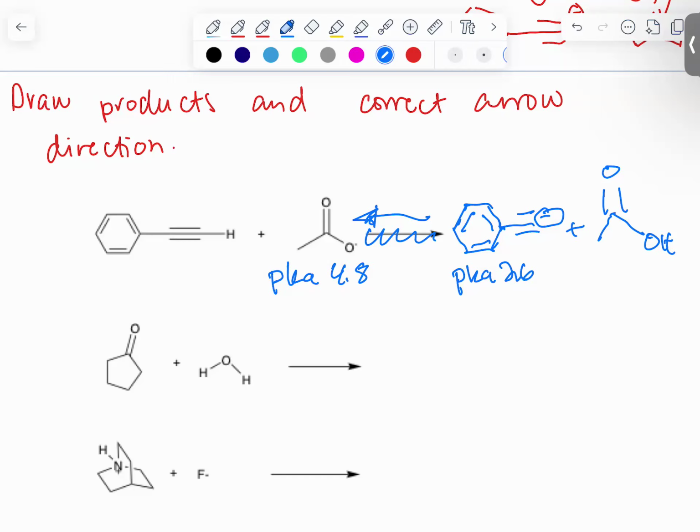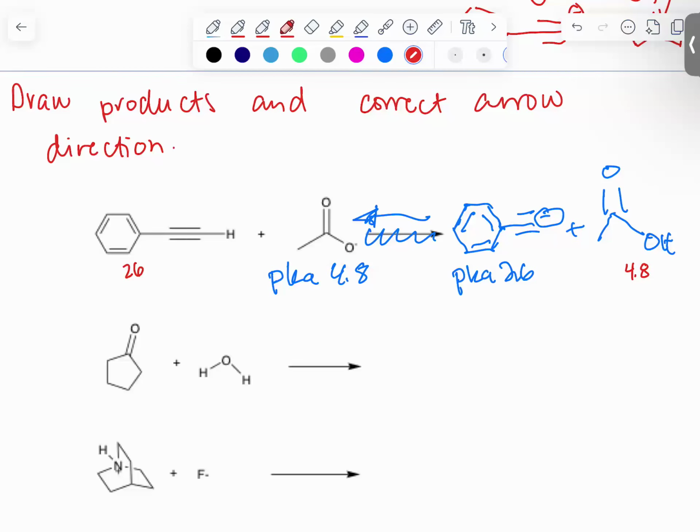The only edit I would make is that it is a better habit to write your pKas under your acids. So I would write 26 over here and 4.8 over here. Because what pKa is telling you is the strength of that hydrogen's bond.